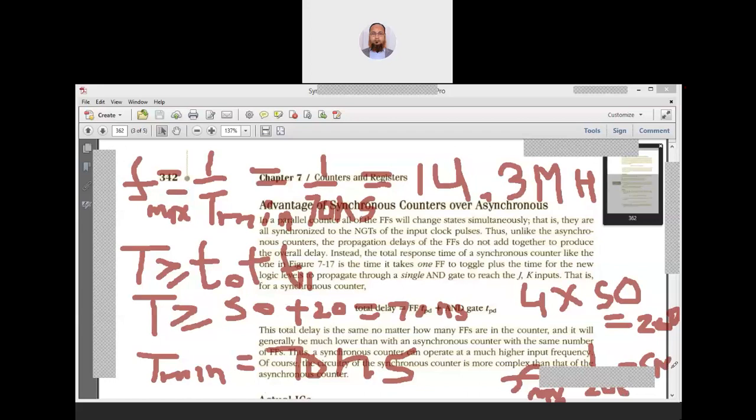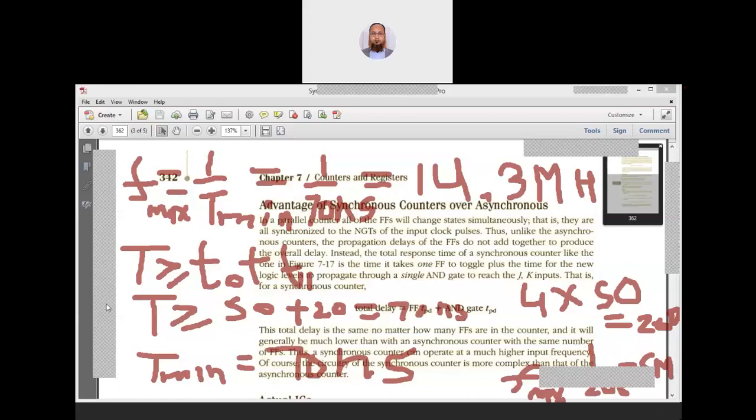You can see that the frequency of the synchronous counter is more than double, almost 3 times the frequency of the ripple counter. This is one of the advantages that we enjoy with the synchronous counter.